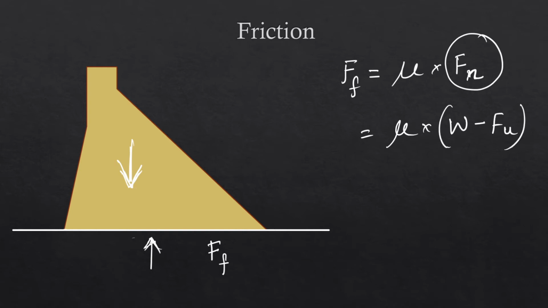But in this particular example, we have this inclined surface of the dam in the upstream, and if tailwater is present, then we also have this portion of the inclined surface underwater. So this volume of water and this volume of water will also be acting in vertically downward direction.